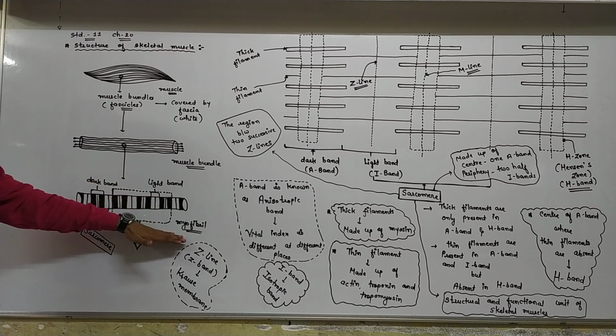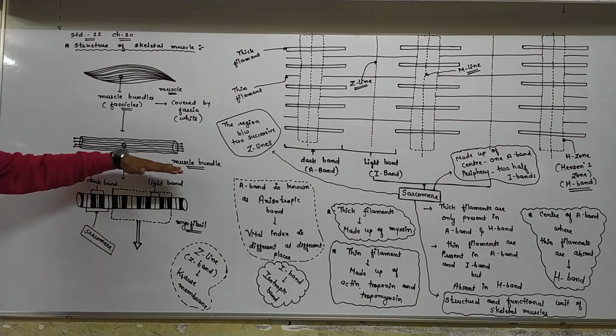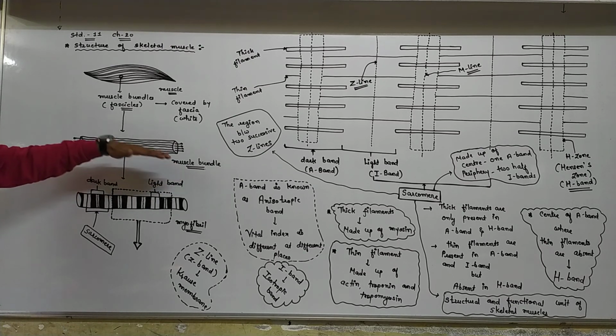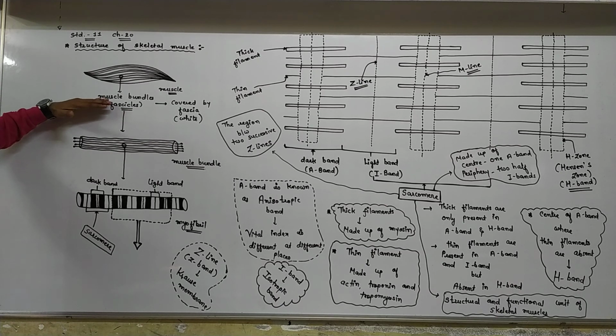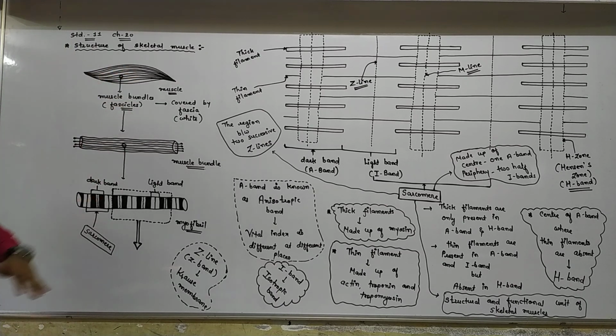So many myofibrils join together to form the muscle bundle, and muscle bundles join together and form the skeletal muscle. So this is the structure of the skeletal muscle.